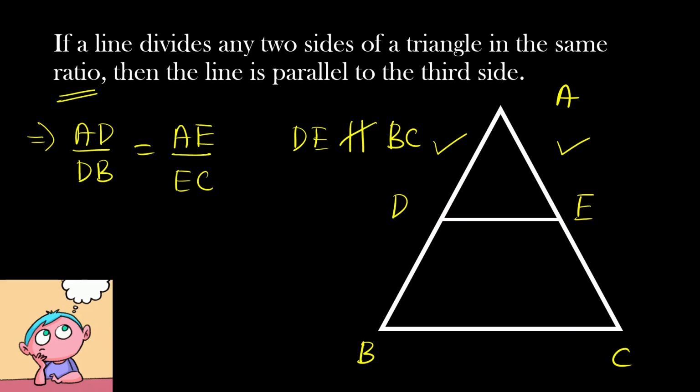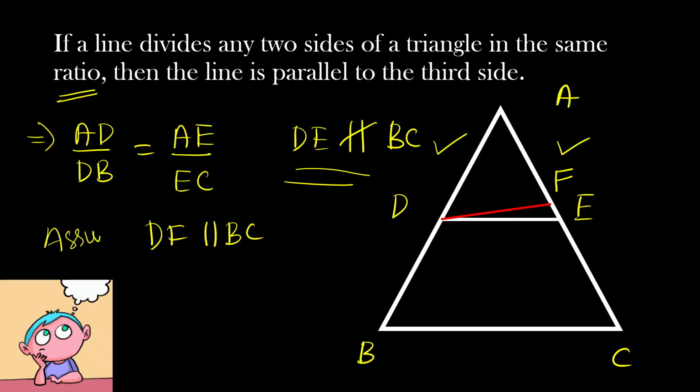That is, we are assuming the contradiction and we are going to contradict the proof. Okay, so here we assume that DE is not parallel to BC, but DE divides AB and AC in the same ratio. So now we are going to consider another line from D to AC. Let me mark this point as F, and this DF is parallel to BC. That is what we assume.